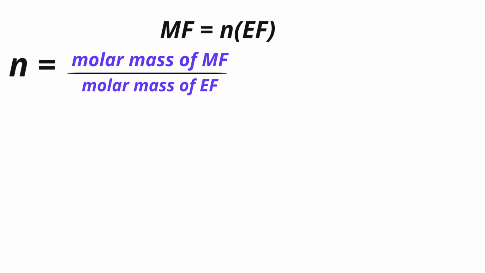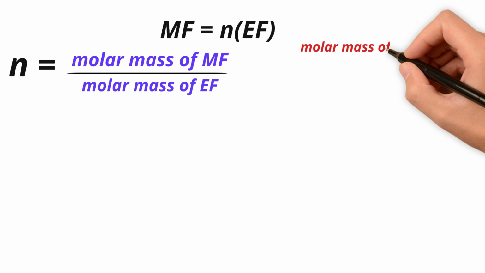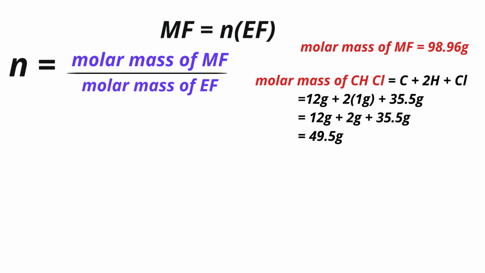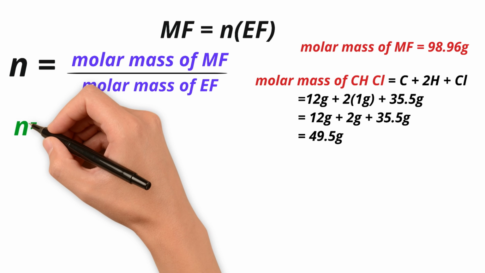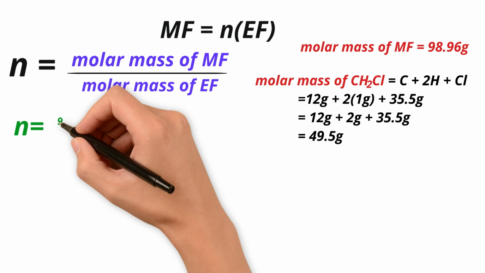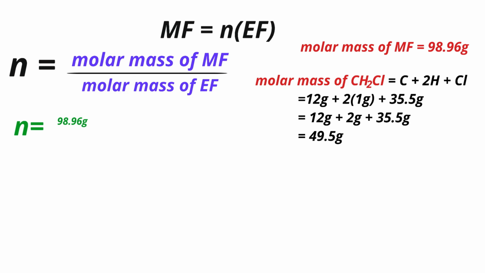The molar mass of the compound is 98.96. Molar mass of the empirical formula of the compound is 49.5 gram. So N is equal to 98.96 upon 49.5 gram.